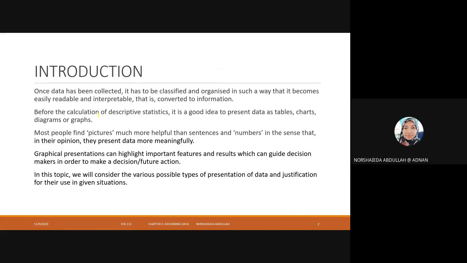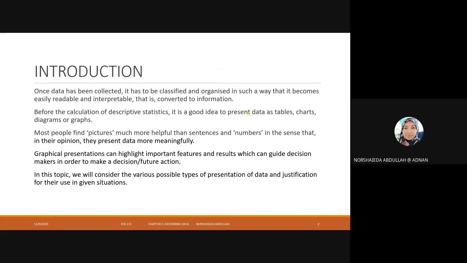Basically, before we do the calculation, or calculate the descriptive statistics, it is good to present the data in a graphical way so that we can easily see the information.